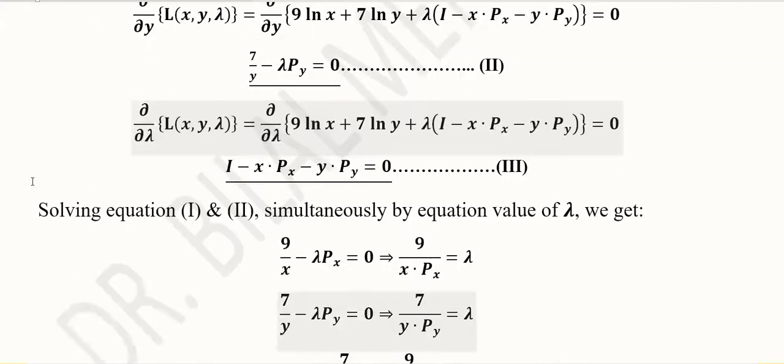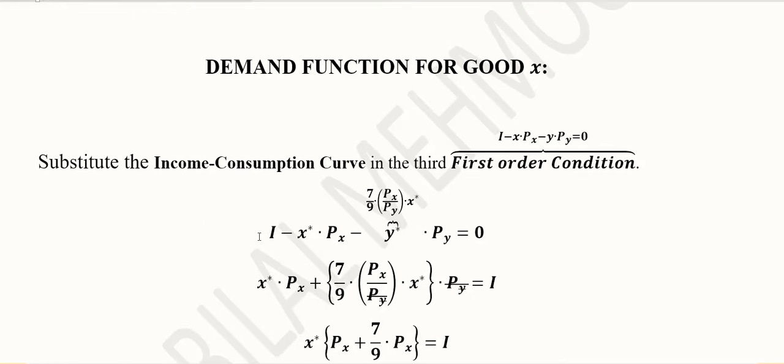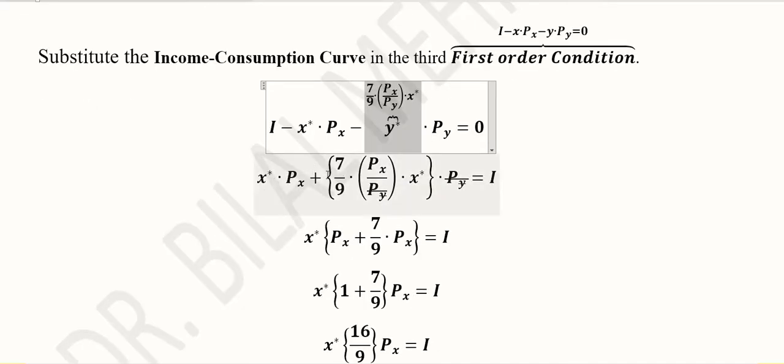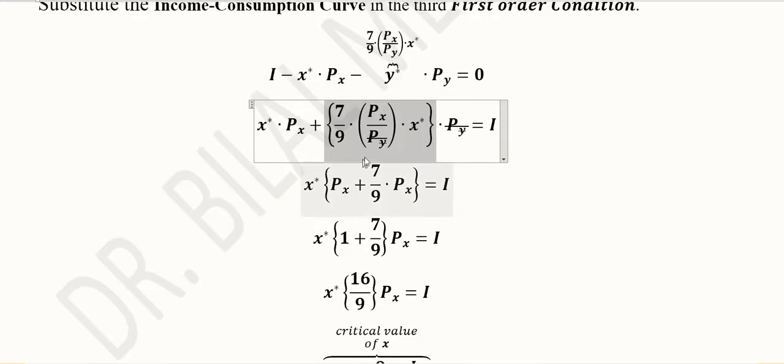Let's go back and just verify. As you can see, this is the third of the first order conditions, and in this condition that I have rewritten here, I'm going to put the value of y that I have found in the income consumption curve. This is the value, and in the next step you can see I have substituted this value as it should be, and straight away I am able to cancel out the value of py here.